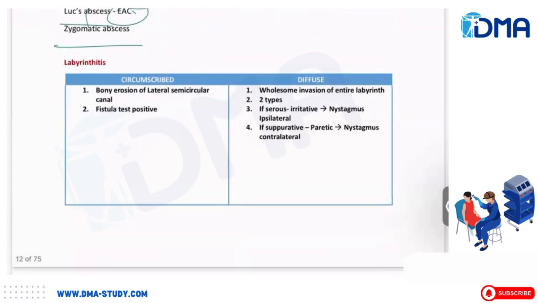Now, labyrinthitis. Labyrinthitis is nothing but inflammation or infection of the labyrinth due to some CSOM or any other cause. If it is only partially affected, it is called circumscribed. If it is completely affected, it is called diffuse. In diffuse, if it is serous, it is irritative labyrinthitis, with nystagmus toward the affected ear.